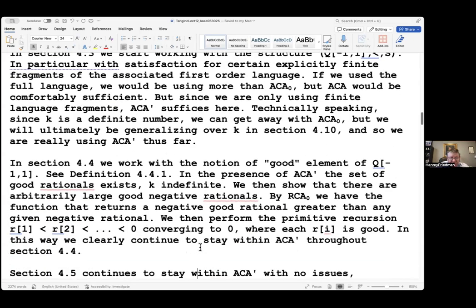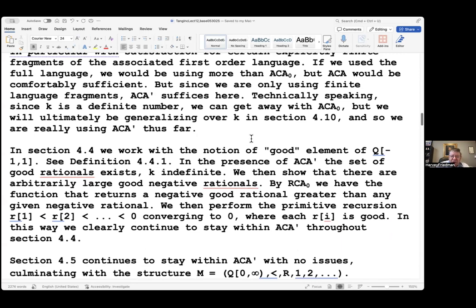All right, in section 4.4, we work with the notion of good element of Q minus 1, 1. If you remember, that was a number less than or equal to 0 for which you could shift one place between statements with parameters below the place you're shifting, below the good element. And so that's a universally quantified statement being good. So in the presence of ACA prime, the set of good rationals exist, and even with K indefinite.